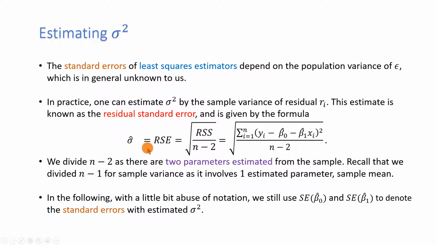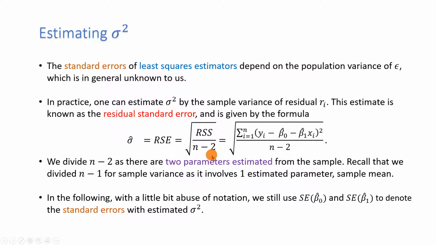So basically, we can estimate this unknown parameter sigma by calculating the residual standard error, which is defined as the square root of your residual sum of squares divided by the degrees of freedom n minus 2.